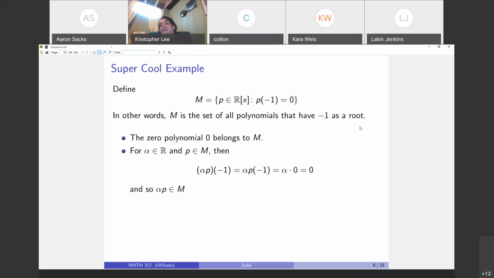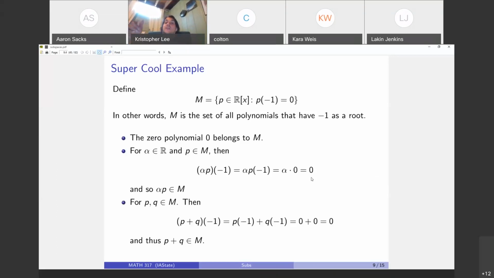If you take anything out of the set and scale it, you can't scale 0 by anything and get something non-zero, so any element of M scaled remains in M. And likewise, given any two elements P and Q, both are equal to 0 at -1, so their summation is also 0 at -1. So indeed, this is a subspace. This is a cool example. I really like this one. It gives you a neat example of what subspaces can possibly be.